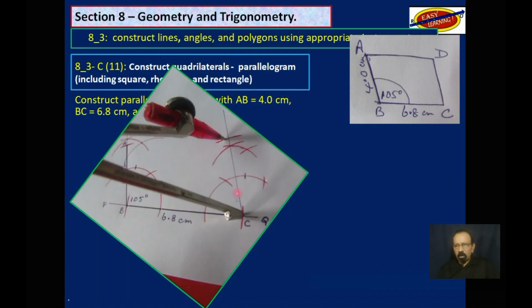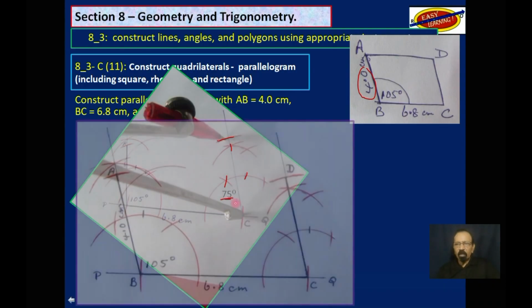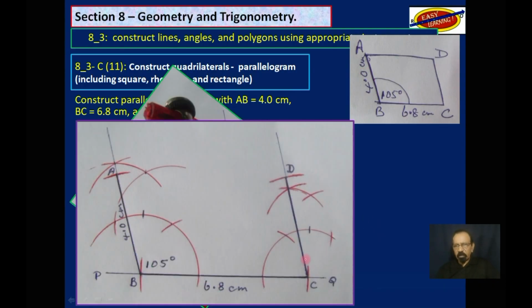So after we construct the 75, that would have been 60, 90, 75. We measure 4.0 centimeters. Remember, opposite sides are equal, and mark it off here. So that was the 75 degrees that we constructed. So what we now have is this.